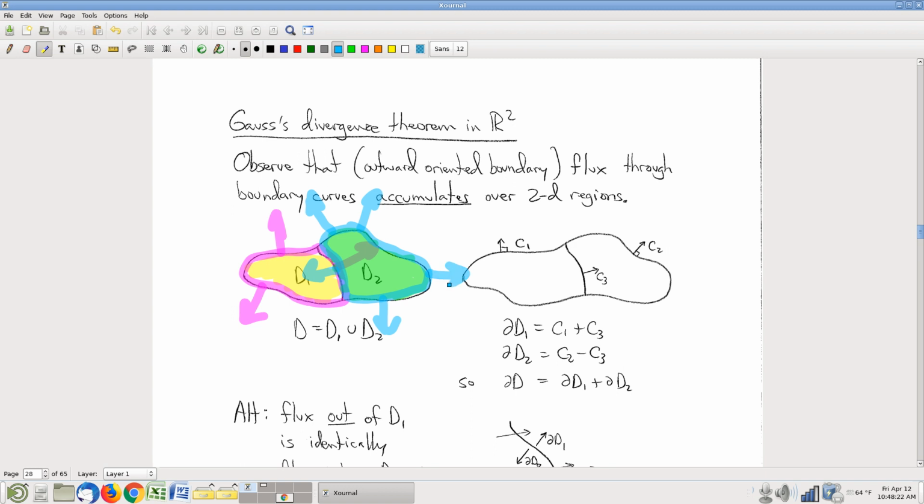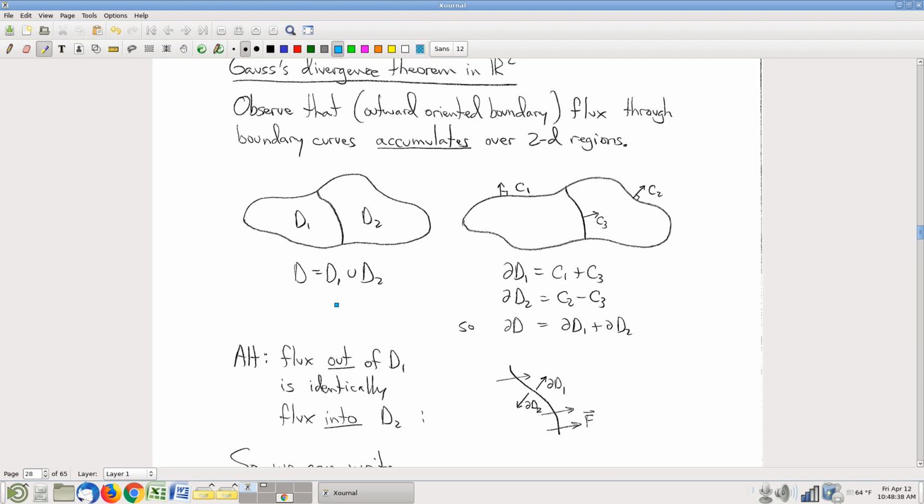Right? And if I were to add the purple flux to the blue flux, would I get the flux through the boundary of the sort of union? Right? So it's our usual accumulation question, and the answer is yes. You can probably see that coming. Why would I be talking about it if it doesn't work? Right? But pretty easy to see why.